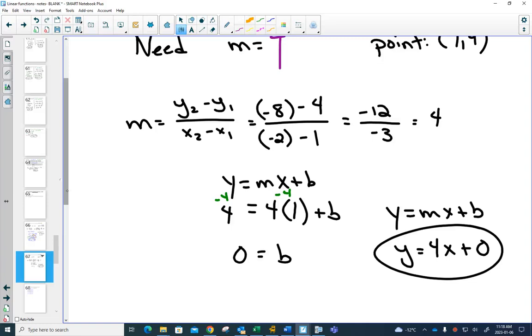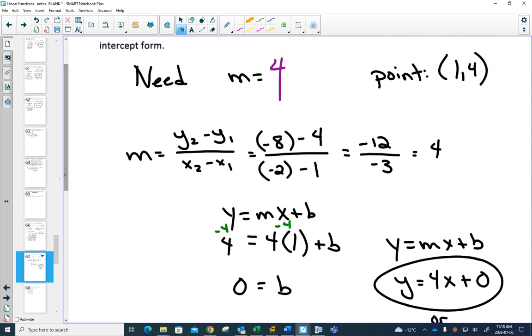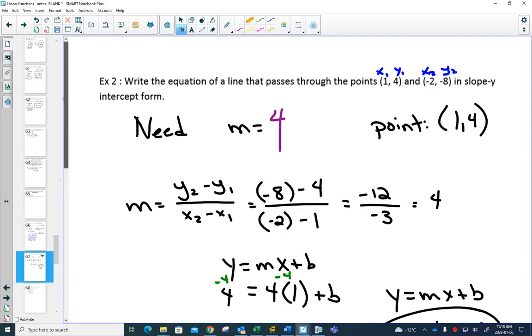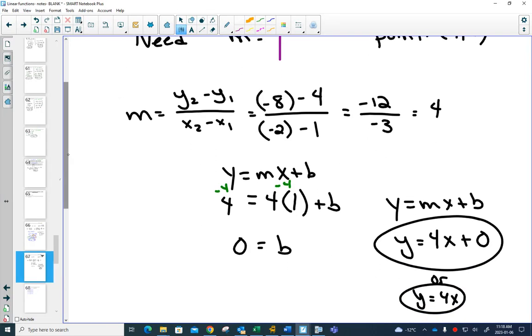So if the point was 2 comma 4, you would just replace the 1: the x would be 2 and the y would be 4, and the equation would be different as a result. But if you chose the other point, the negative 2 and negative 8, when you plugged it in, you would still get b is 0.